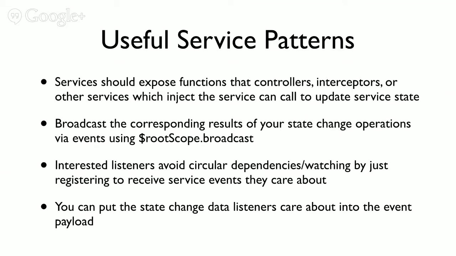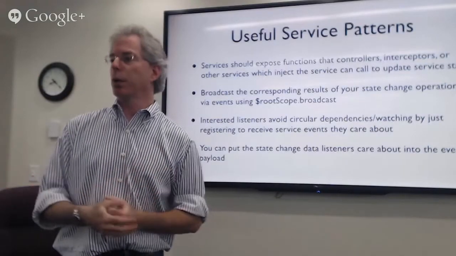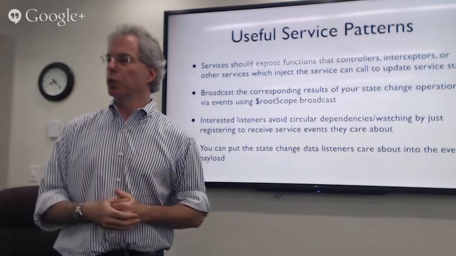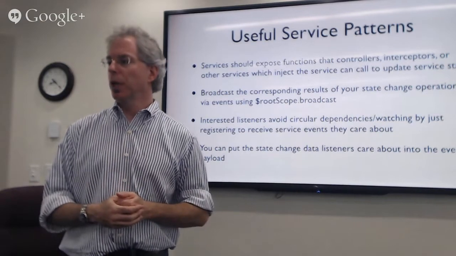Okay. So is there any reason why you wouldn't use root scope for broadcasting? I don't know of any. That's just my default behavior, to get root scope to broadcast. I won't use root scope for anything else. Even if I had a controller where I said, I don't want to build a service for this, I would inject root scope so I would get its broadcast.